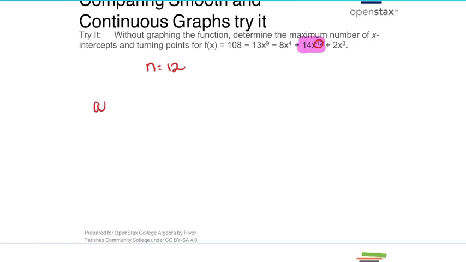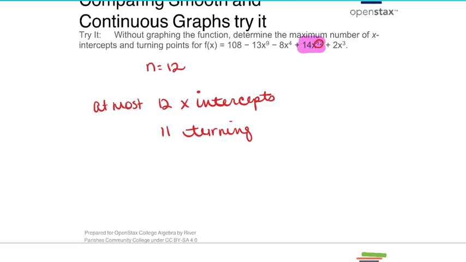That means there is at most 12 x-intercepts. That means we have up to 11 turning points. And that's all you have to do there.